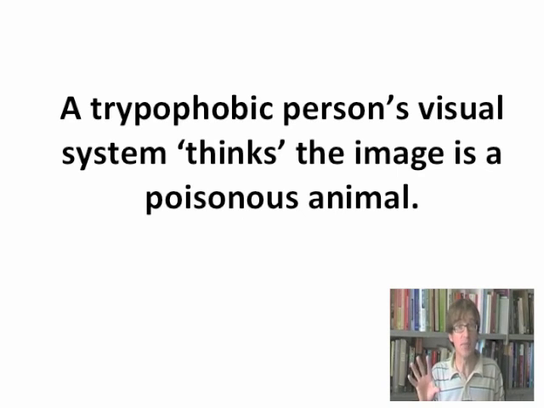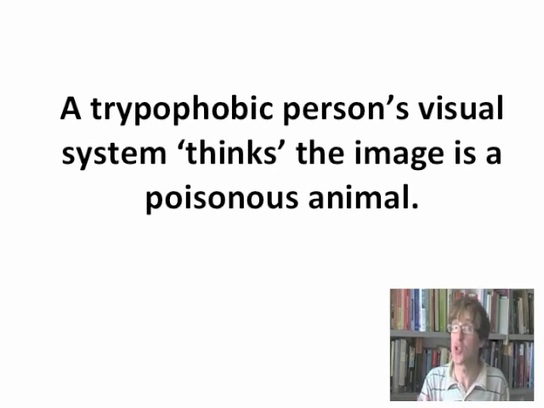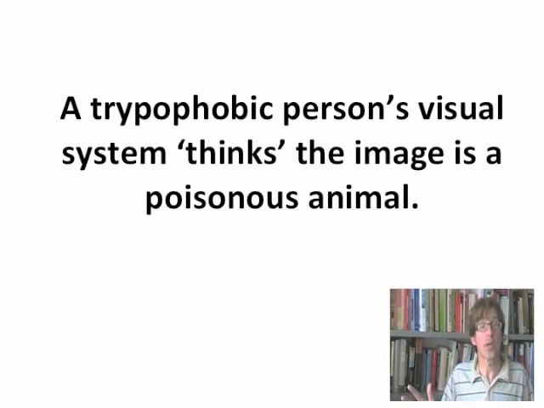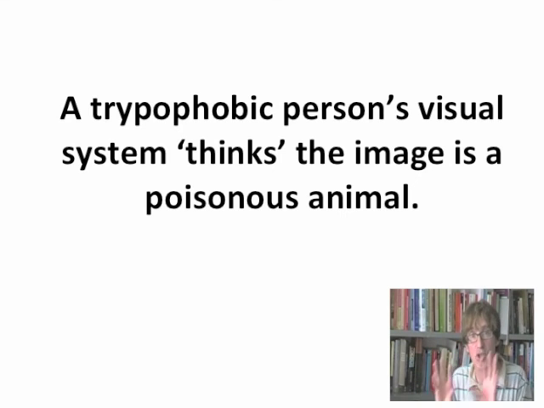It's got the same visual structure, a visual characteristic, a visual signature as a poisonous animal. So be careful, be wary. Of course, the rational part of the brain is trying to say, it's okay, it's just a lotus seed pod, but there is this other part of the brain trying to tell the individual that's a poisonous animal. So that's why we think trypophobia occurs.